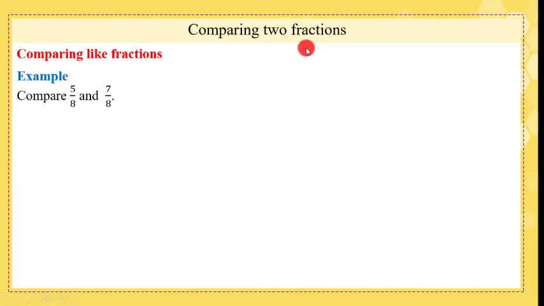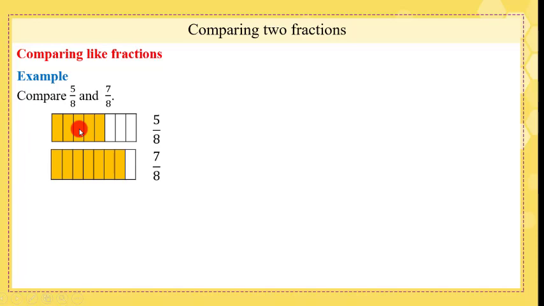Now let us compare two fractions. Let's compare like fractions first. For example, compare 5/8 and 7/8. We will take two rectangles of the same size and divide them into 8 columns: 1, 2, 3, 4, 5, 6, 7, 8.